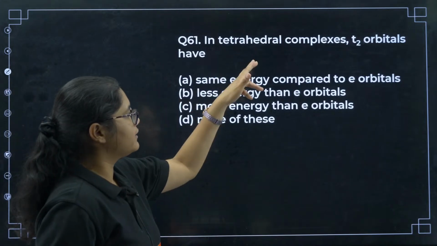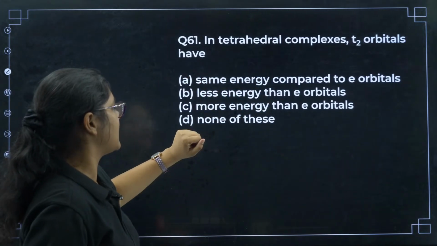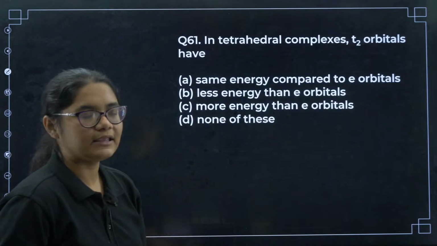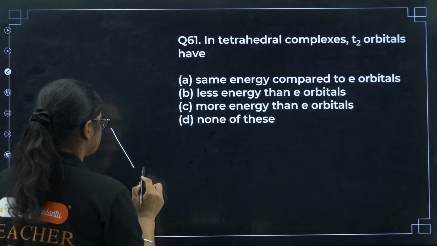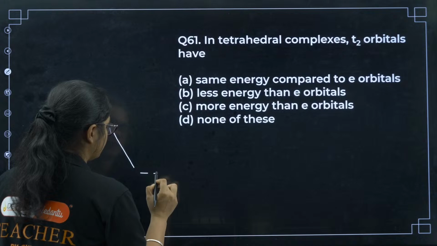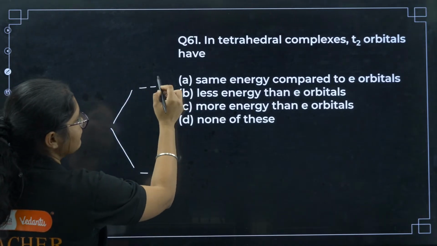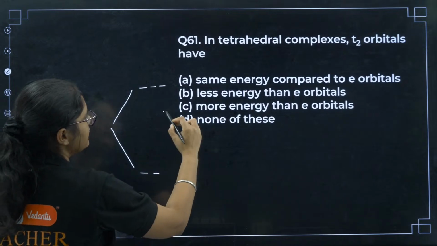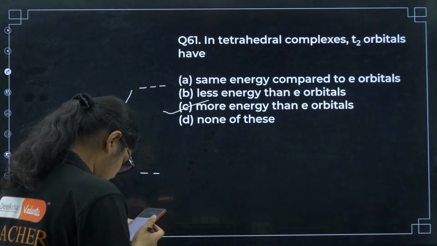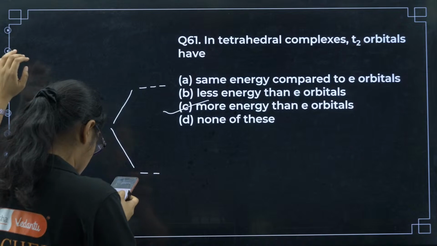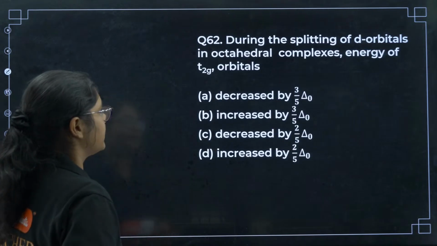So T2 has more energy than E. So option C is the correct answer. Yes, Akash, Gauri, Chandan, all of you are correct here.